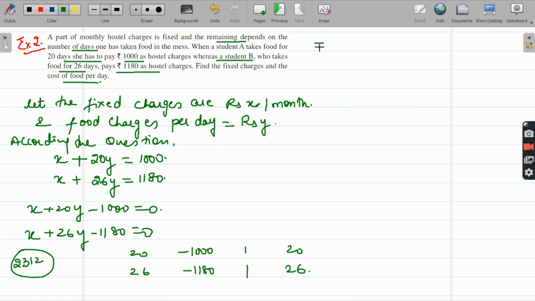So I will get, this implies x upon, we'll have top to bottom minus bottom to top.